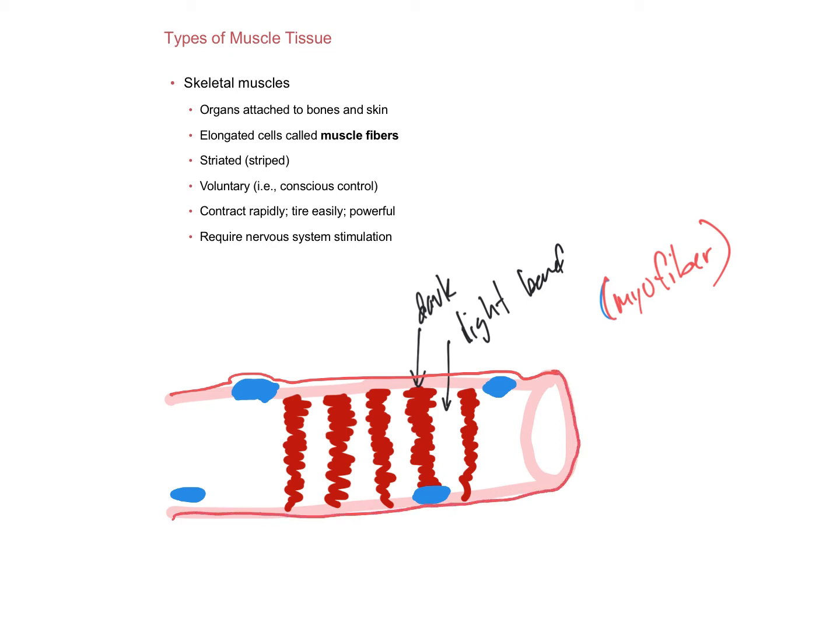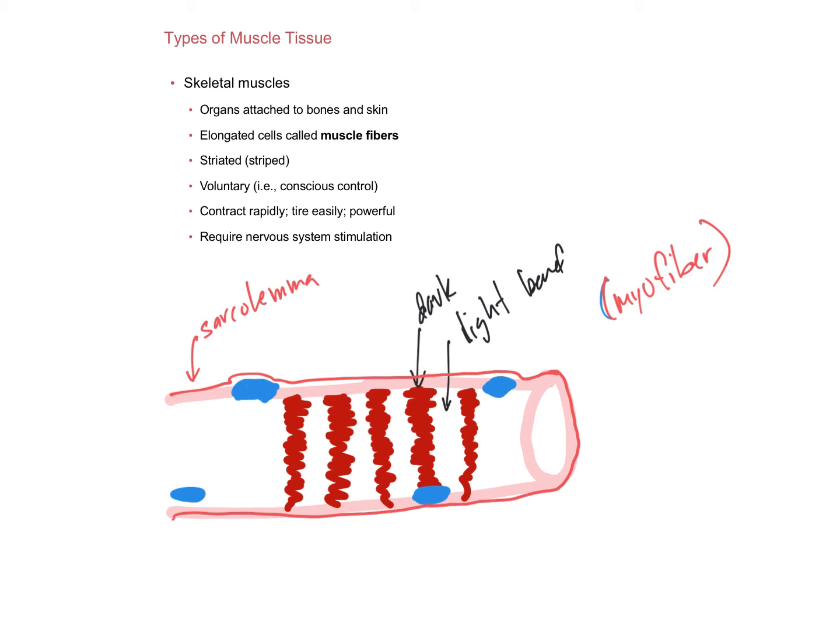Along the outside, the muscle cell has a specialized cell membrane. That cell membrane is called the sarcolemma. So the sarcolemma is just the cell membrane of a skeletal muscle cell.